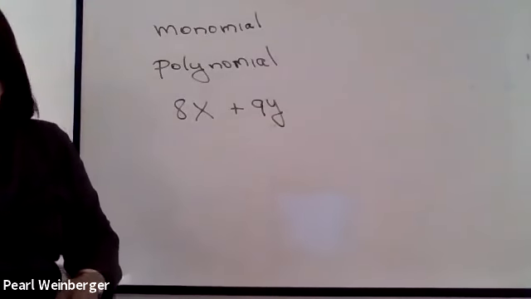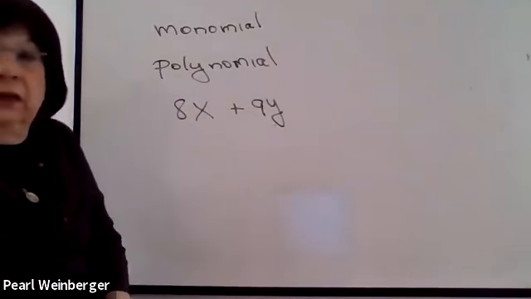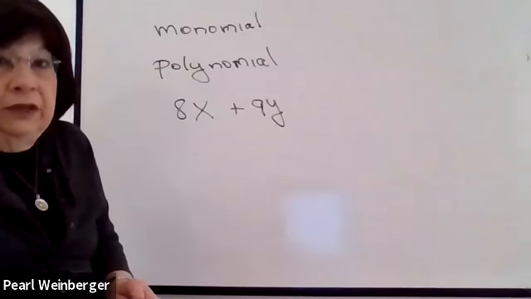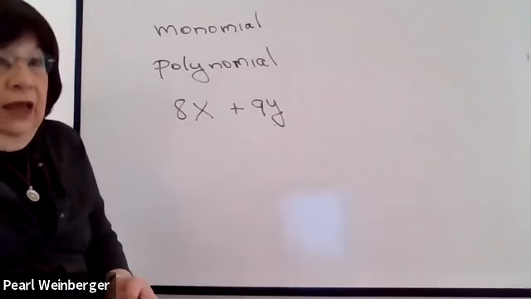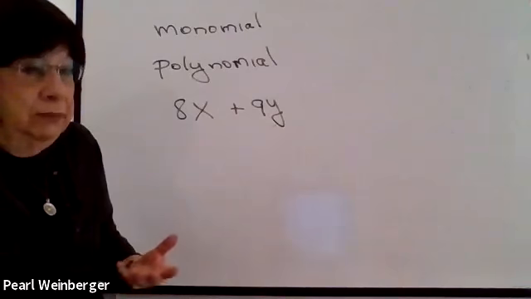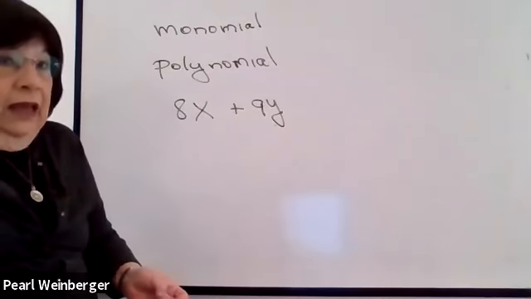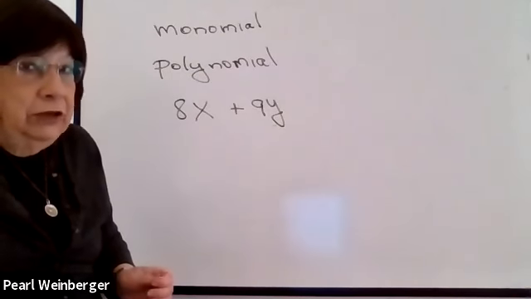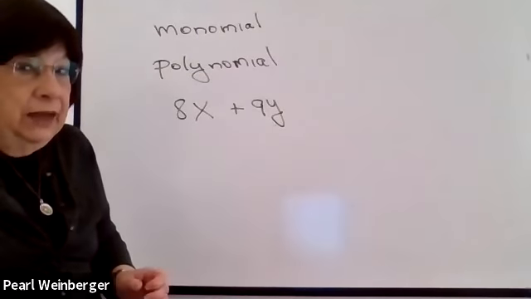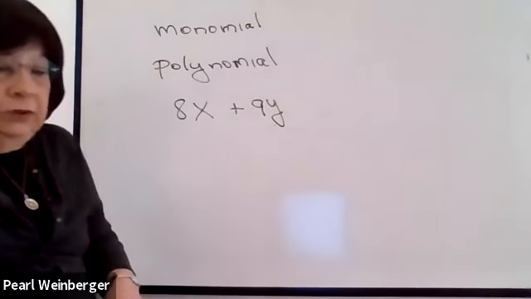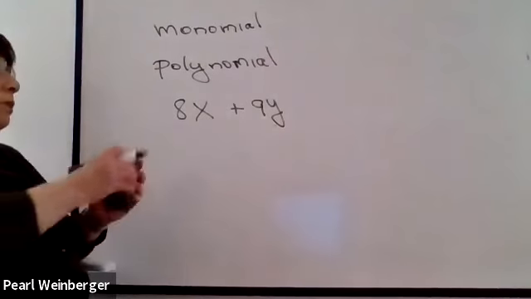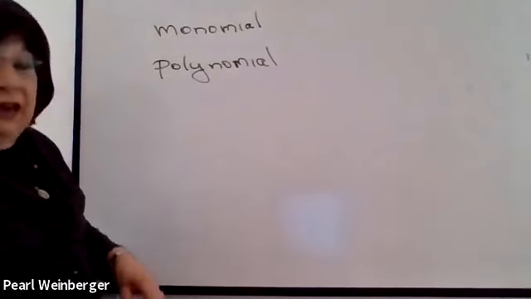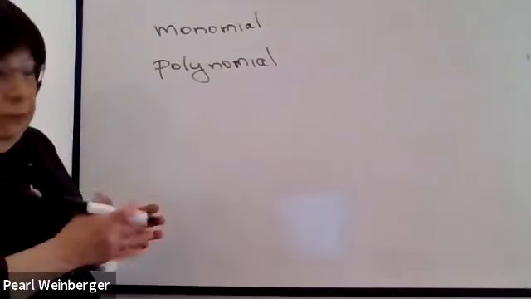So the first thing that we're going to talk about is combining polynomials. How do we take algebraic expressions and combine them to make them as simple as possible? And the rule is you can combine like terms, but you cannot combine unlike terms. Remember, what makes like terms is that they have exactly the same letter part.